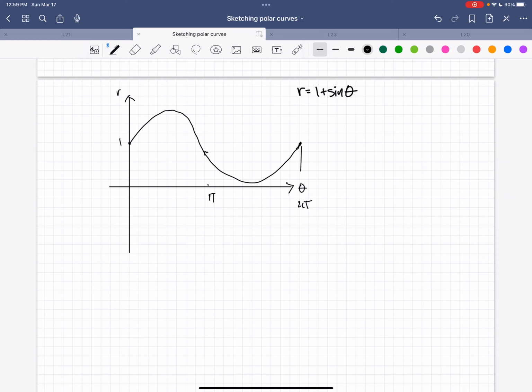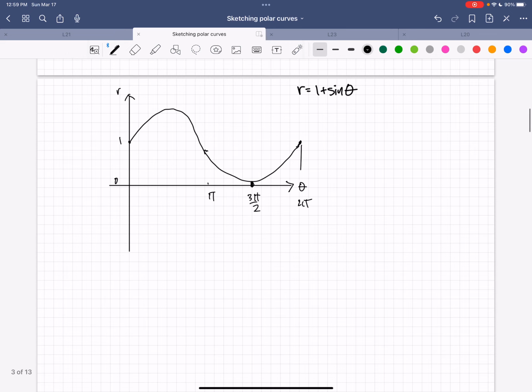Okay, let's start getting ourselves some points. This low point will actually be at 0. It's at 3 pi over 2. Here we've got a high point at pi over 2, and the radius will be 2. I'll start actually writing out these points. So when theta is 0, r is 1.